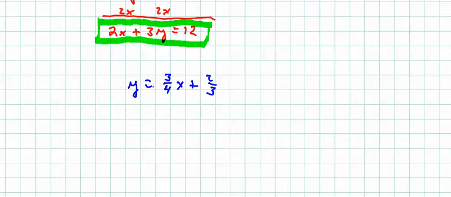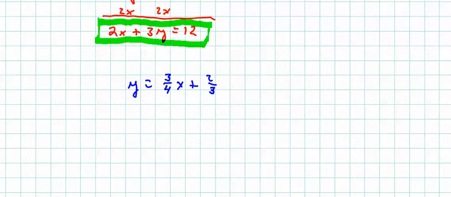Remember, this is slope-intercept. This is the slope right there. This is the y-intercept. When I say graph using slope-intercept, I always want you thinking y equals mx plus b. Whoops, 2/3. Got a little carried away there.